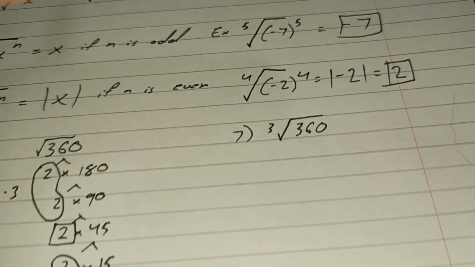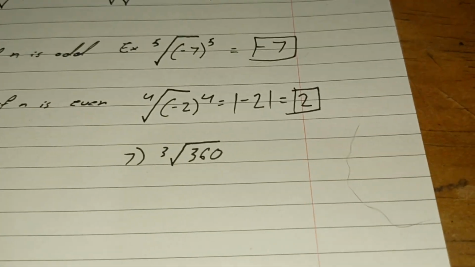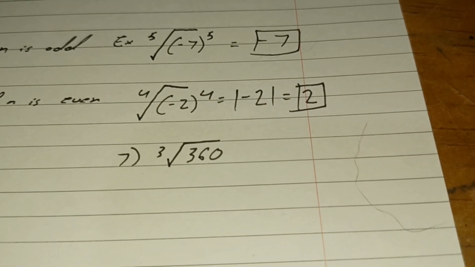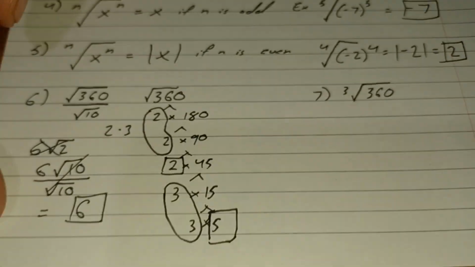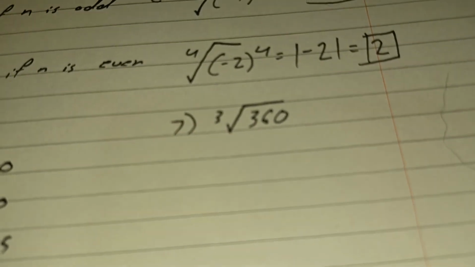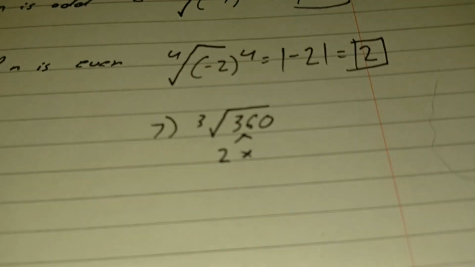Now, I believe this is the last one. The cube root of 360. I'm going to show you how to take the cube root of 360, following this model that we did right now. So the cube root of 360. Let's start with 2. 2 times what is going to give us 360?